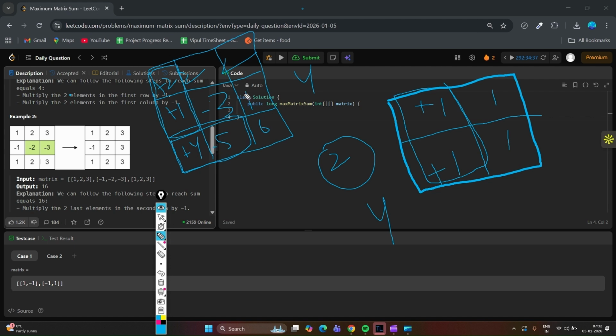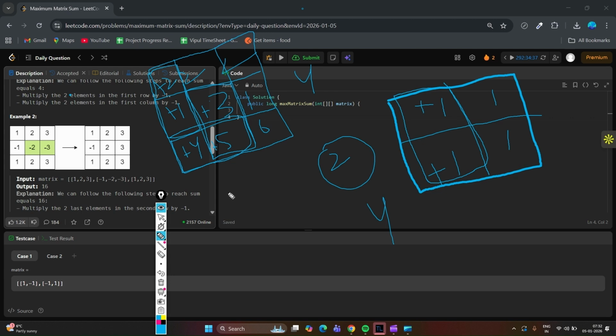But again you can think that minus 3 and minus 5 are adjacent, so if you multiply them by minus 1, then 3 and 5 both become positive, so everyone becomes a positive number. And then you can return the sum of all.